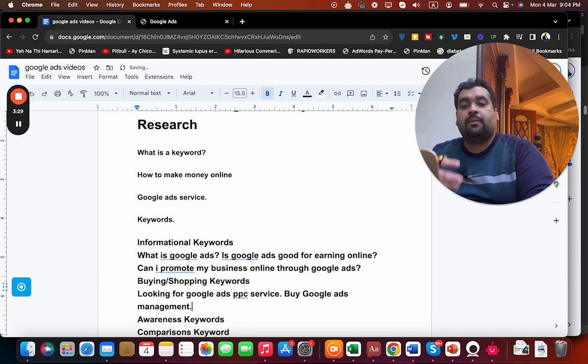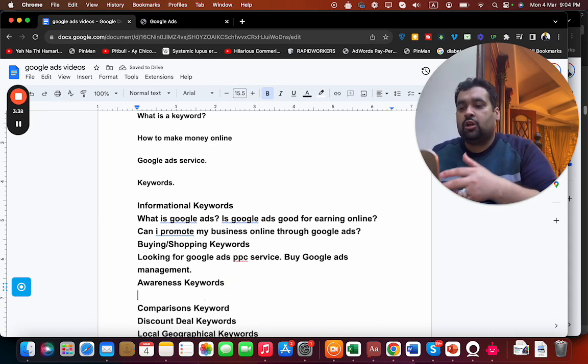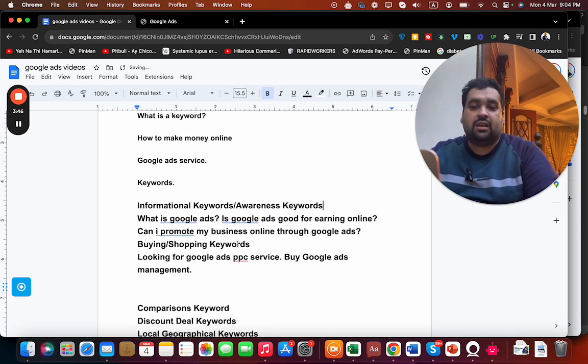These are the buying keywords. You may need to understand this. Awareness keywords can also be related to informational keywords because you want to know more. You can even link informational keywords with awareness keywords, like I link the buying keywords with the shopping keywords, because they are similar to each other.